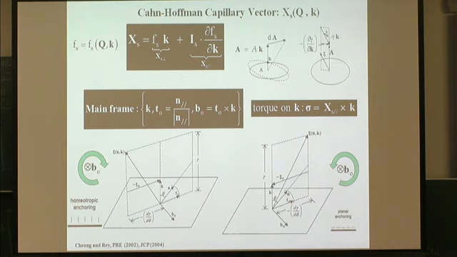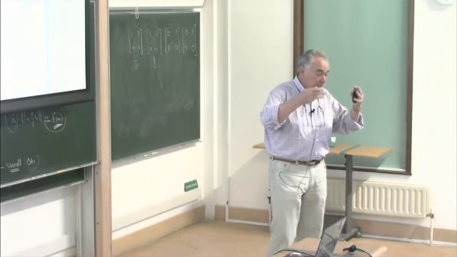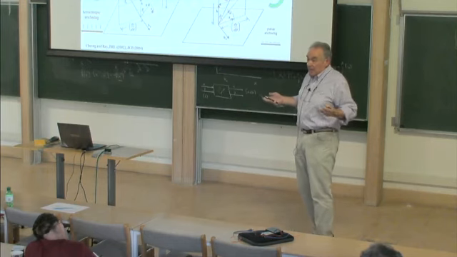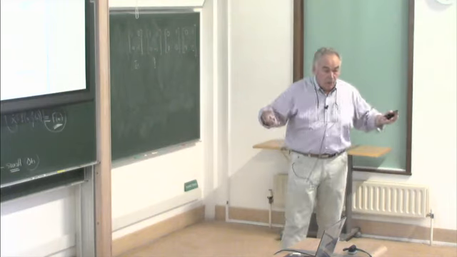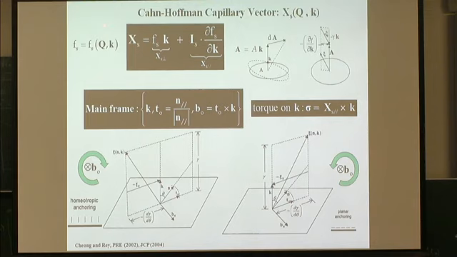As the word says, it's a vector, so it has two components. It tells you that to do capillary physics with liquid crystals, because the system is anisotropic, you want to use vectorial quantities, at least. So we use the simplest vector you construct from the interfacial tension, which has a normal component.